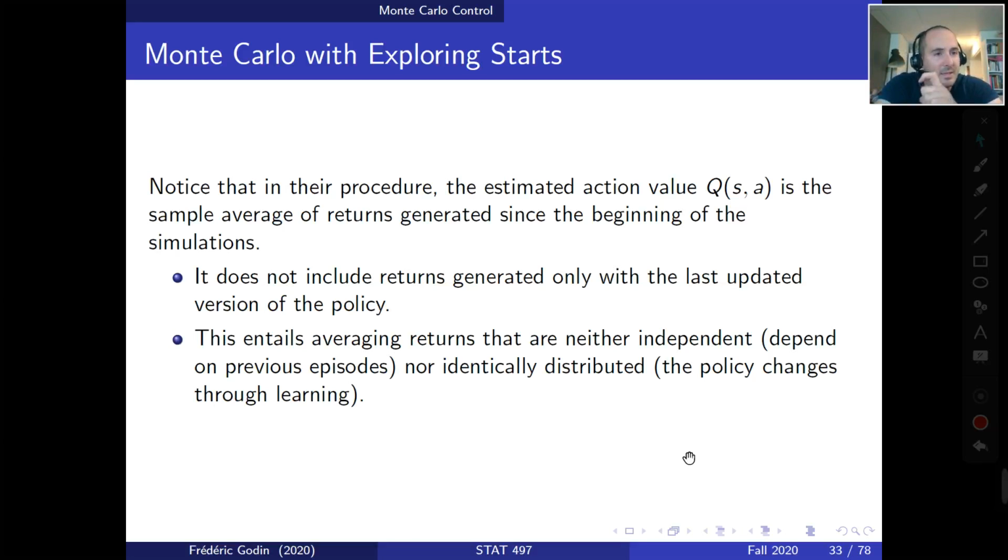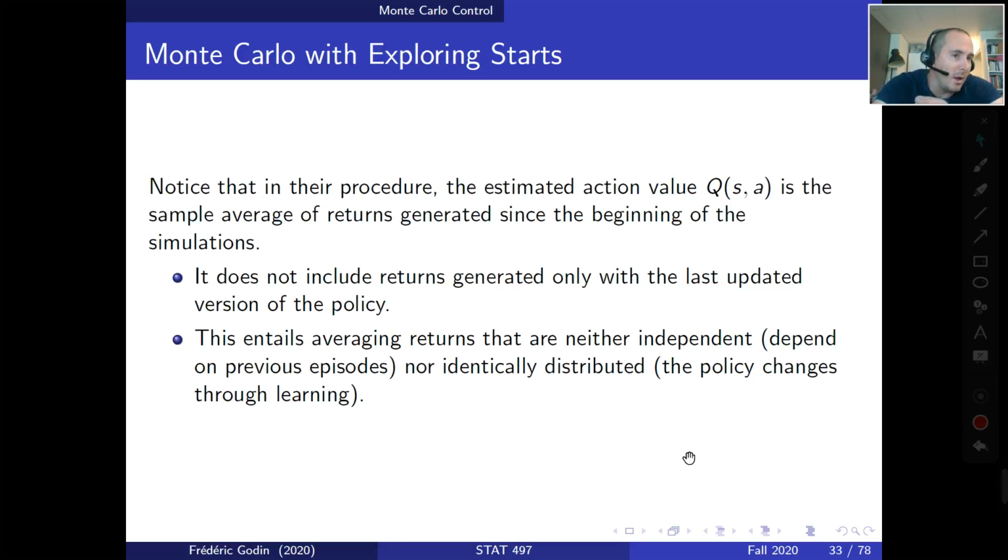Because of that, we average returns. When we estimate the action value function for state action pair SA, we average many returns associated with that state action pair SA. But contrarily to what we had earlier when we simply did policy evaluation, now the returns are, first, not identically distributed because the policy changes over time.